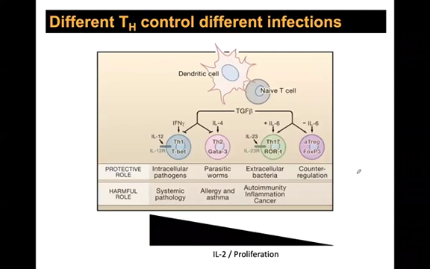One way to look at this is the strength of the infection. How much do you want to commit to this? There is a difference. The very strongest responses, where you get the most T cell proliferation and the most IL-2, are the Th1 responses.